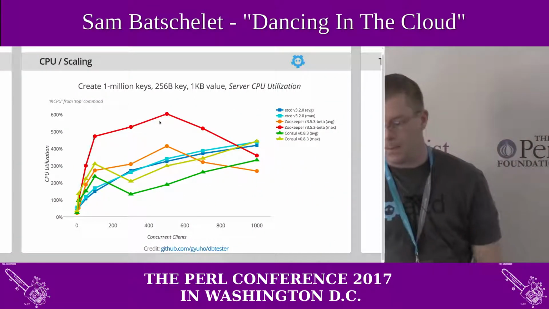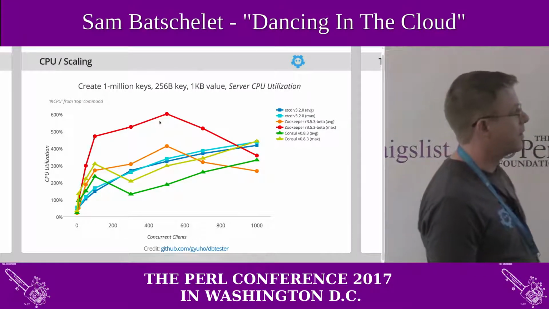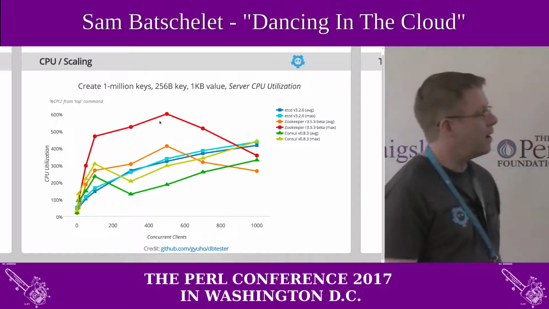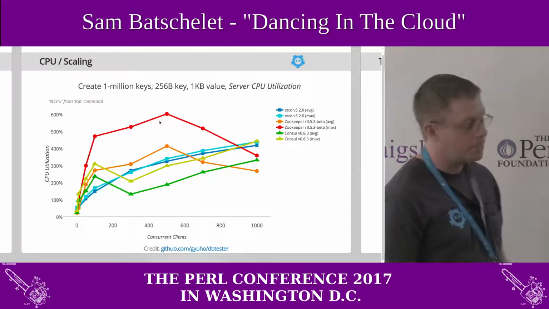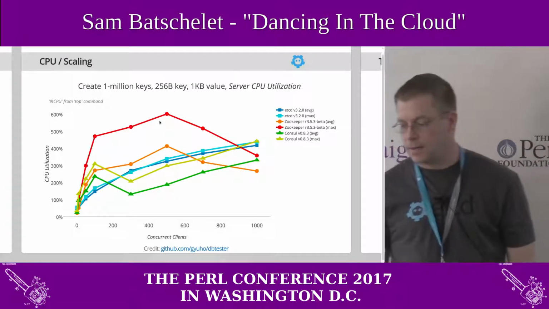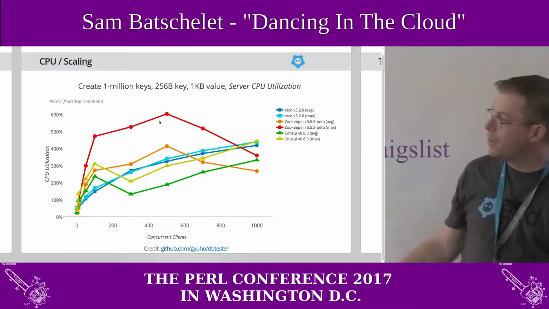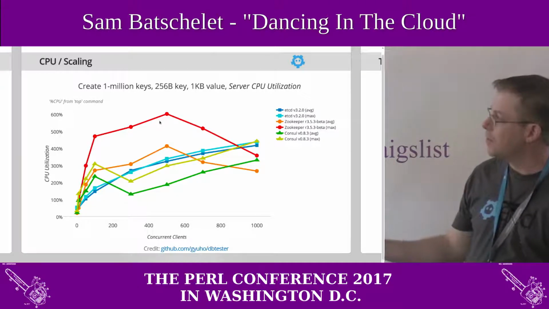So I'm just going to go through these quickly. One of the developers has this amazing tool, DB tester. It's really intense as far as the lengths they go through to test this stuff. And I just wanted to share some of these slides just because I thought the data was amazing. So here's CPU scaling. You can see Etcd holding its own kind of in the middle of the pack there. But the one thing that's important to notice is that you don't see these huge spikes, right?